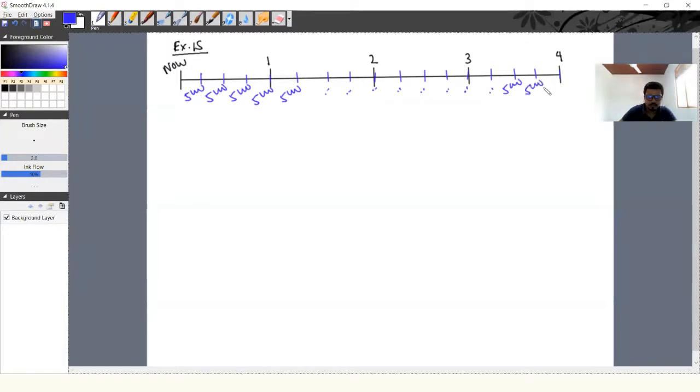This is quarter 1, quarter 2, quarter 3, quarter 4, 5, 6, like that, up to 16. So this is the nature of the payment.